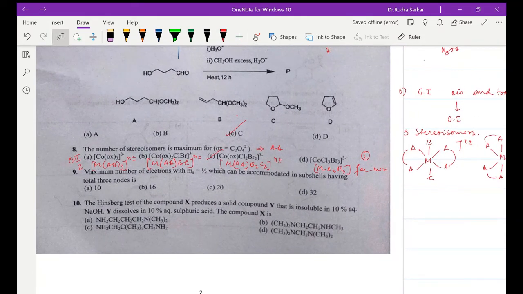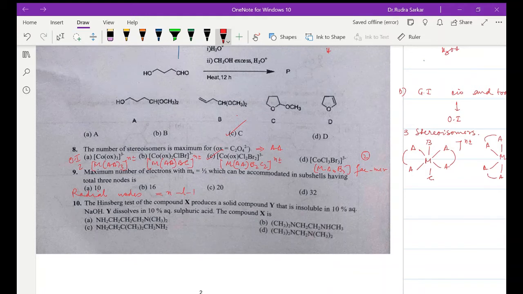Maximum number of electrons with ms half, which can be accommodated in the subshells having total 3 nodes. So over here 3 nodes means, let's say, radial nodes, given by n minus L minus 1.